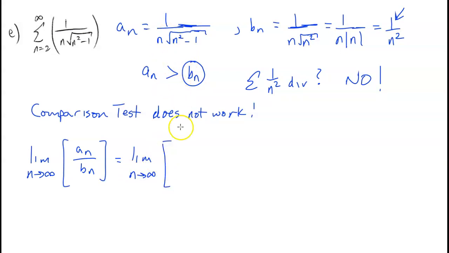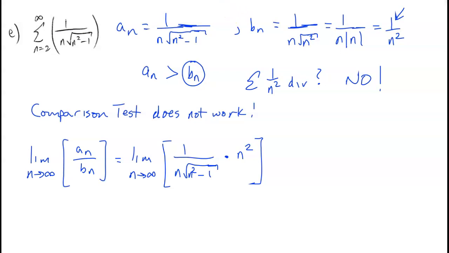My a sub n, of course, is just 1 divided by n times square root of n squared minus 1. And that's going to be multiplied by the reciprocal of b sub n. In this case, the reciprocal of 1 over n squared is just n squared.